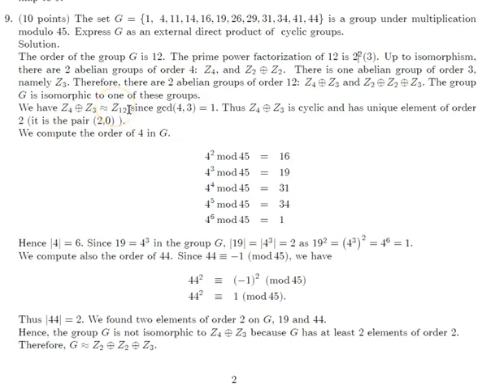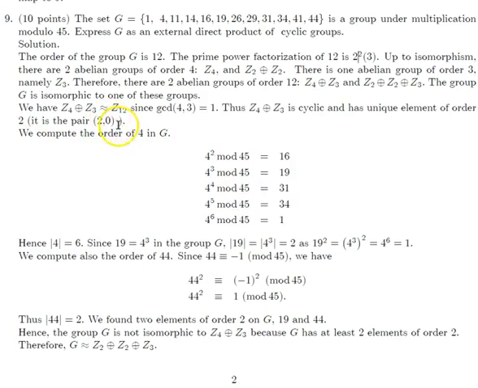Because Z12 is cyclic and has a unique element of order 2, it is the number 6. For the group Z4 plus Z3, the unique element of order 2 is the pair 2, 0.